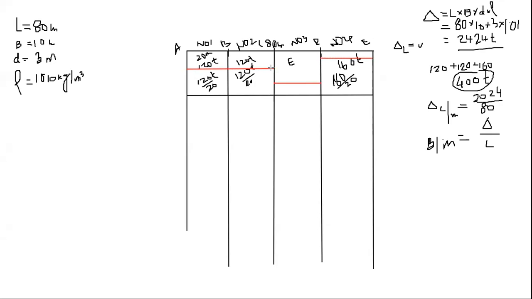So we can construct a diagram like this. And the buoyancy, the delta per L, we can find out. So there will be a value like this. So now we can deduct and construct the load diagram.